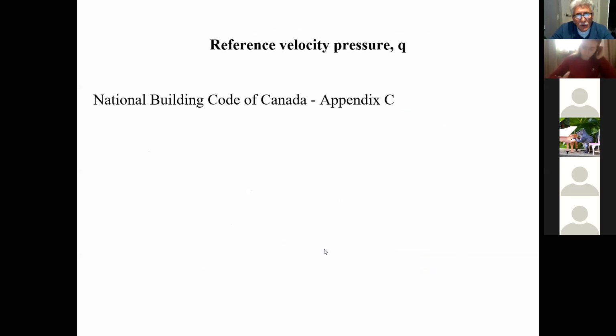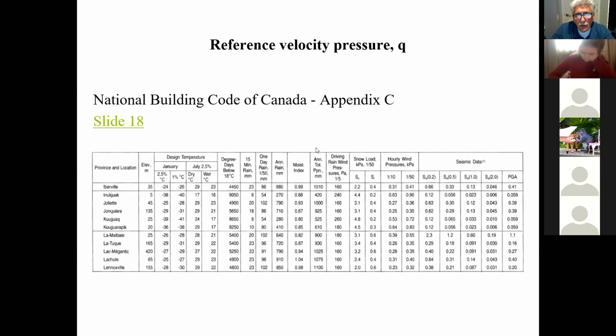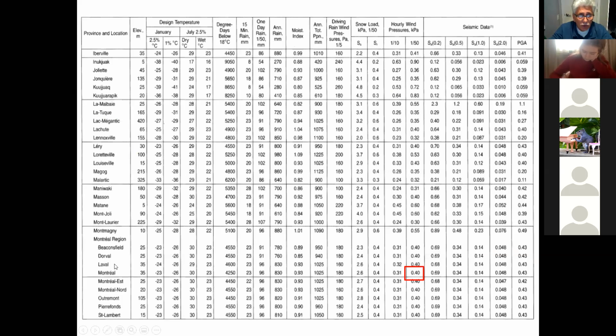Now, this is where we get the value of Q. We go to Montreal, and we go to 1 in 50, and we have a Q equal to 0.4 kPa. I hope you guys are writing all these values down, because this is what you expect to see in your design brief. So Q is equal to 0.4 kPa.